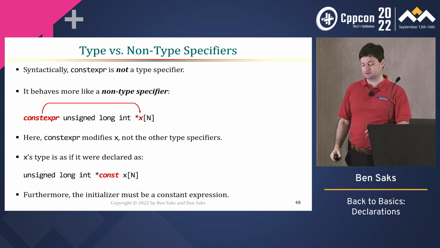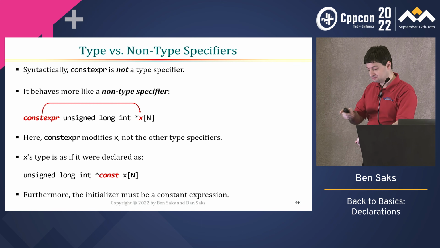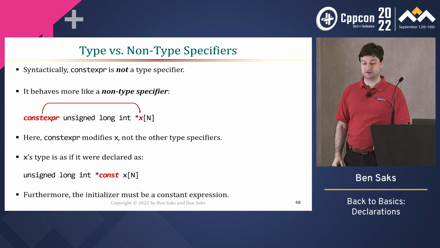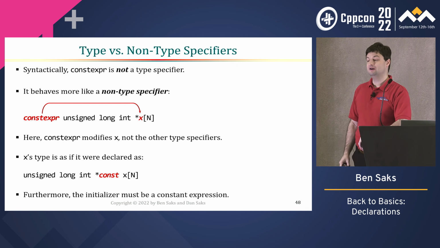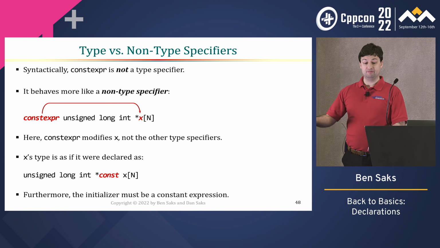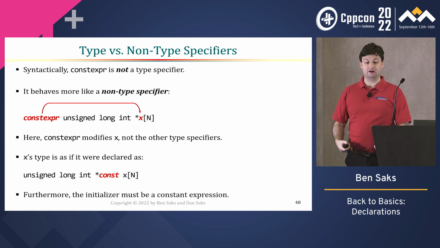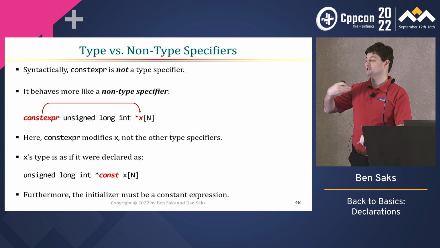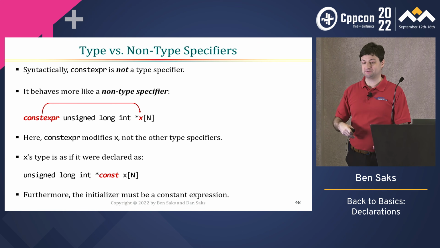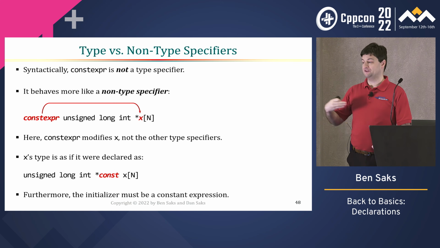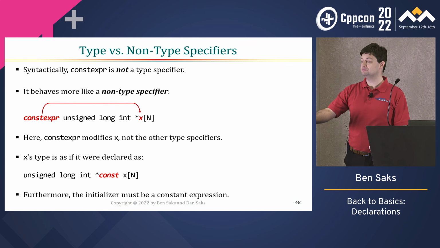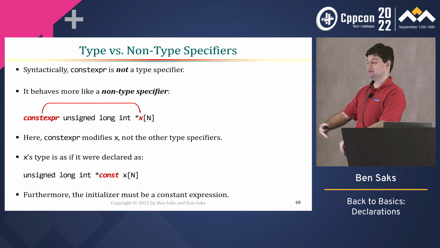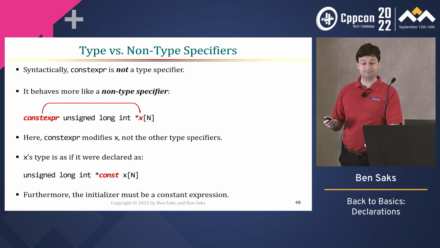The constexpr declaration is more or less equivalent to the array of const pointers declaration down at the bottom, with the additional requirement that the initializer for the constexpr expression needs to be a compile time constant expression. constexpr requires that the initializer be known at compile time, whereas for things that are simply const, the initializer can be an expression that resolves at runtime.